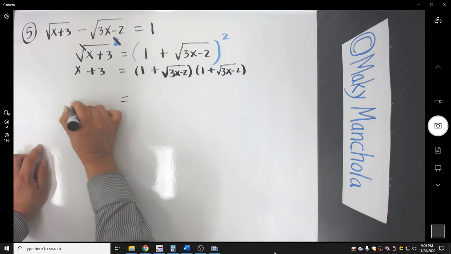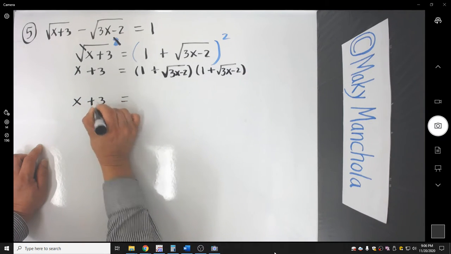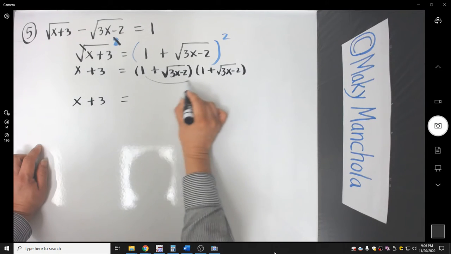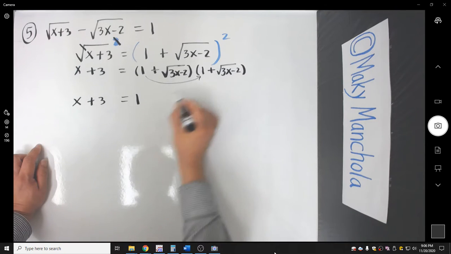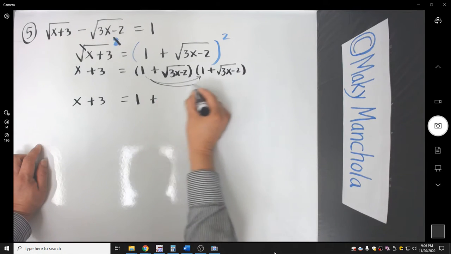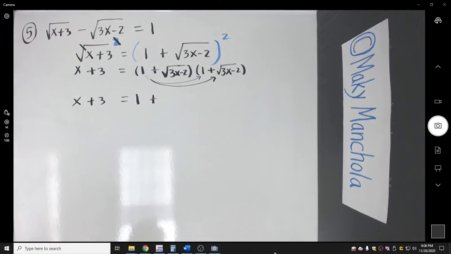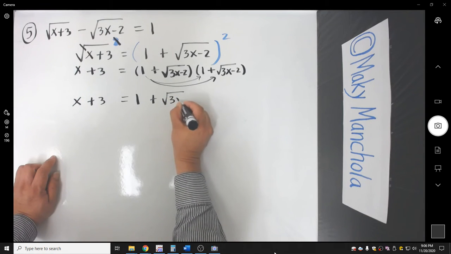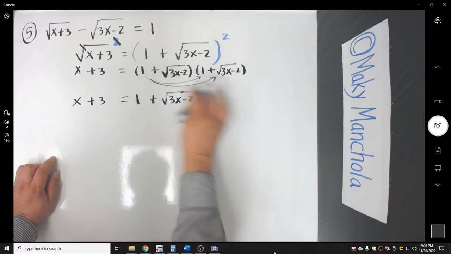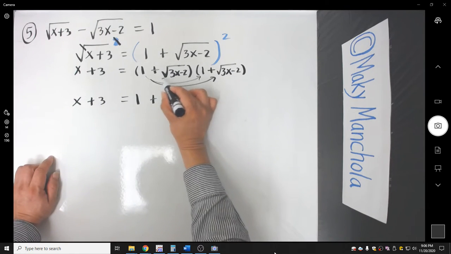So let's distribute term by term. 1 times 1 is 1, plus 1 times the square root of 3x minus 2, which is the square root of 3x minus 2. Now I distribute the second term.